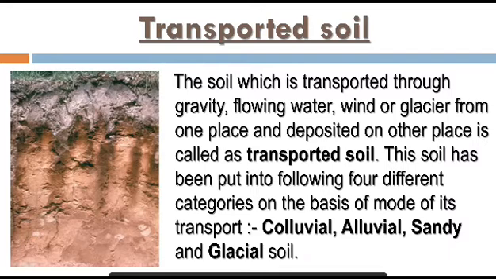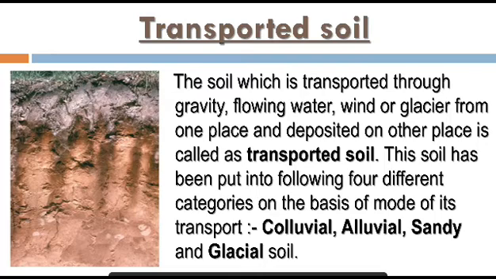This soil often contains different layers and is principally composed of fine rounded particles. The soil which is made of sand particles deposited by wind at a certain place is known as sandy soil. Only desert plants like the xerophytic plants can grow in this type of soil.